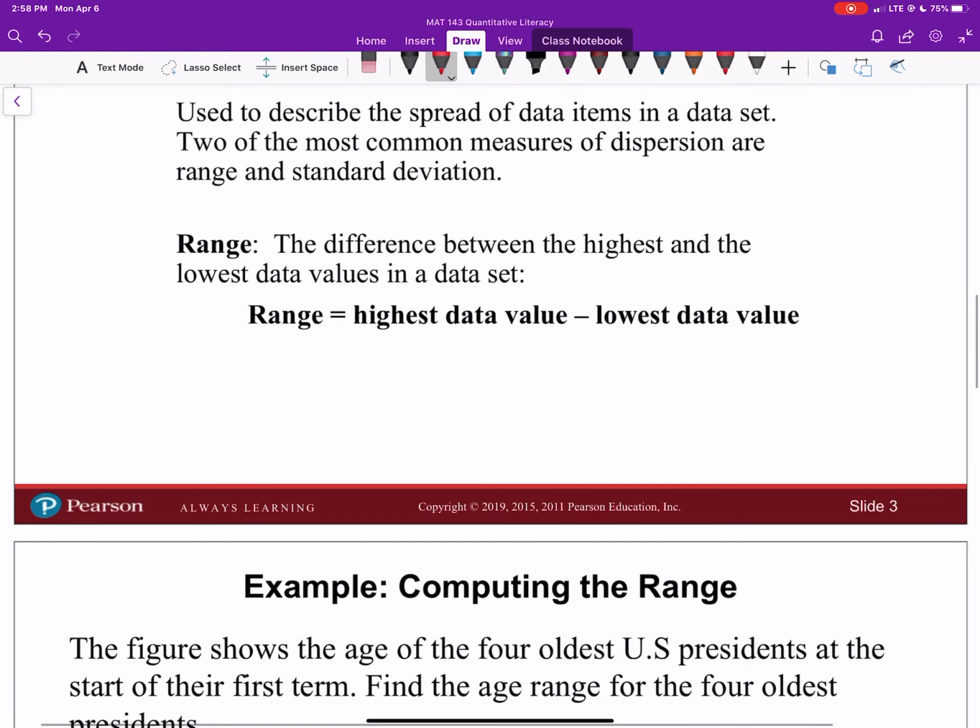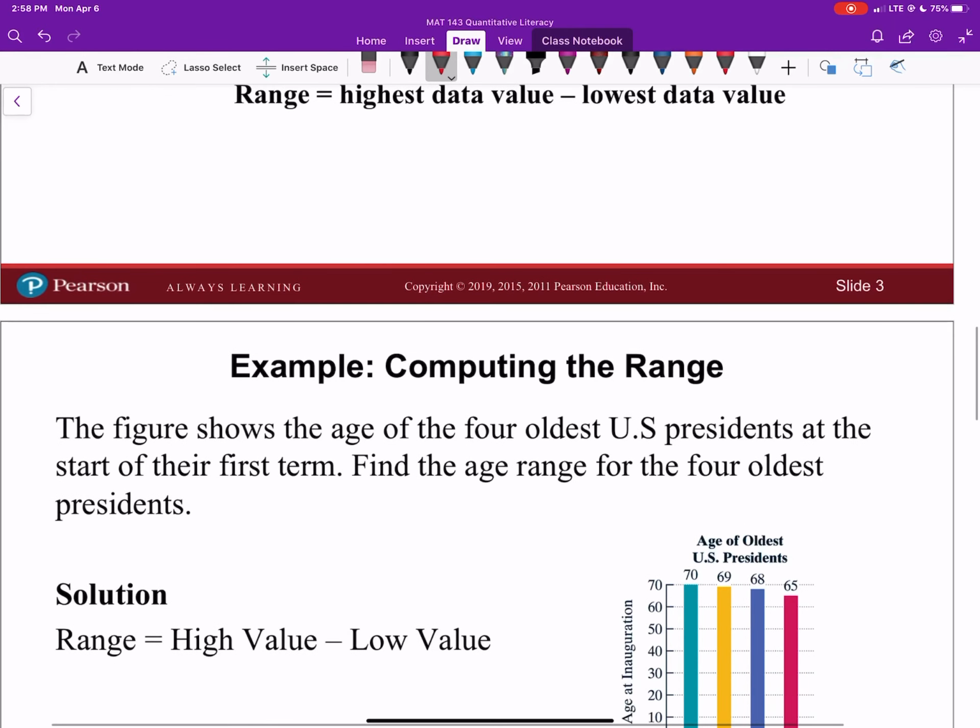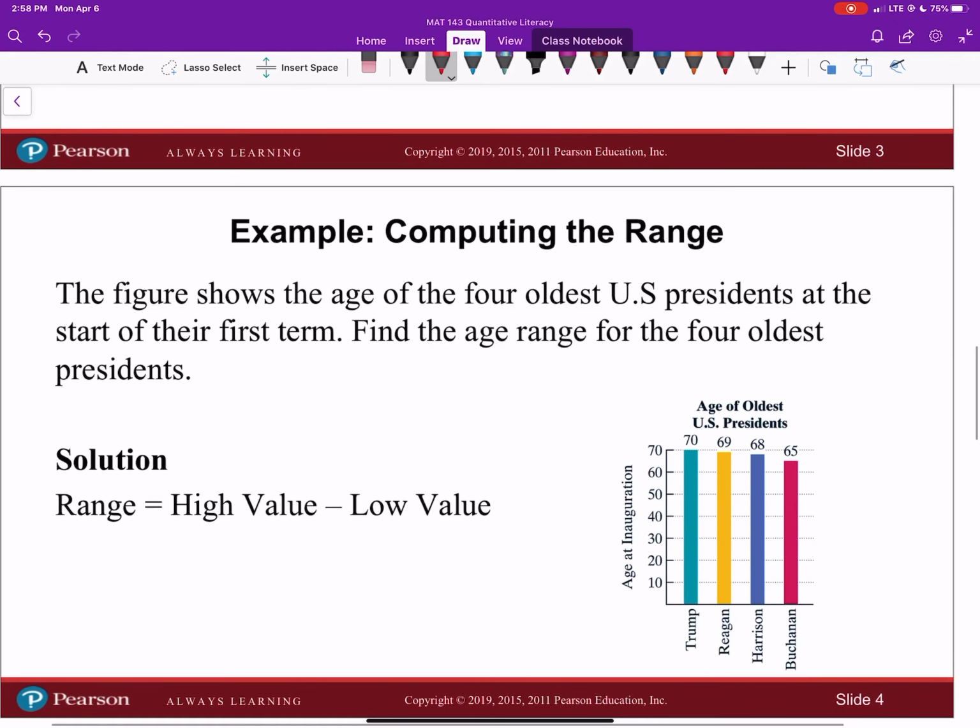So let's actually do an example of this. The figure shows the four oldest U.S. presidents at the start of their term. Find the age range for the four oldest presidents. So we're going to find the range.